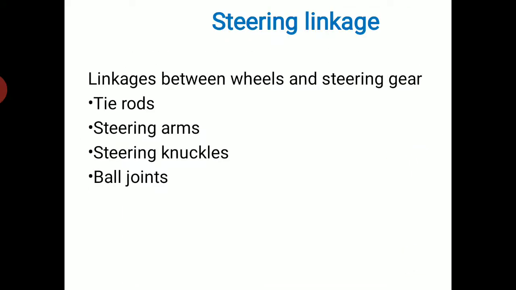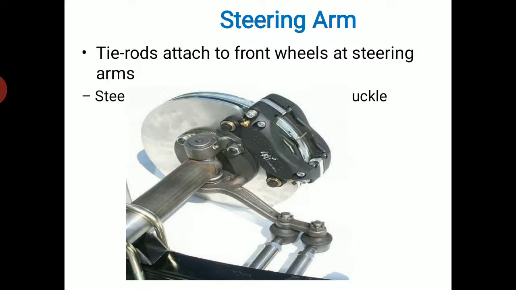Then we can see the steering linkages. There are different steering linkages: tie rod, steering arms, steering knuckles, ball joints. These are the linkages. This is exactly the steering arm, steering linkages, steering knuckle.